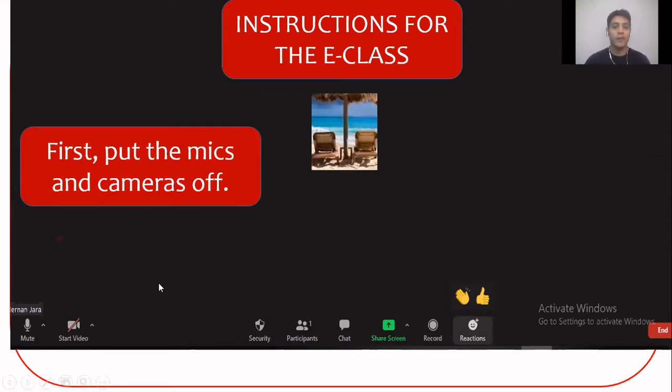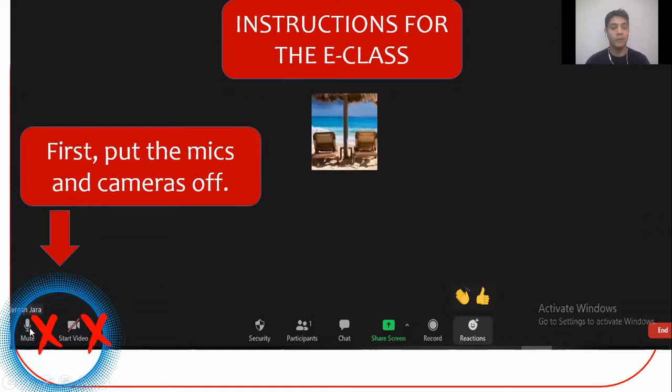You have to click on the buttons that we have below. You have the microphone and you have the cameras. They have to be off, right? Just to make sure there's no noise in the background of your computers, and also the cameras have to be off because of the internet connection.